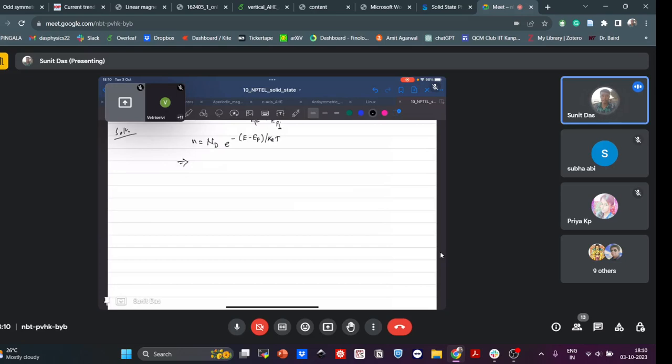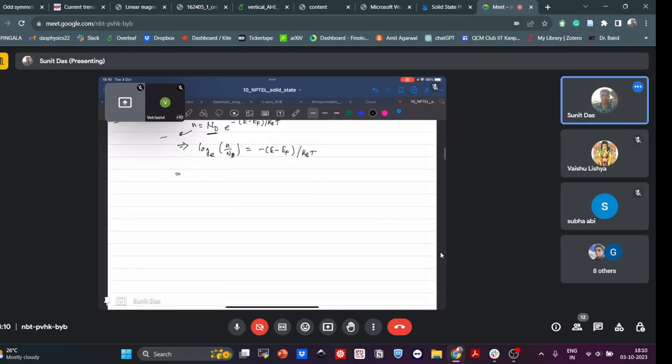So from this, if we take log base e of n by Nd, n is the electronic carrier concentration and Nd is the donor atom concentration, so that will be minus EF by kBT. And we actually need to find EF minus EF intrinsic, right?